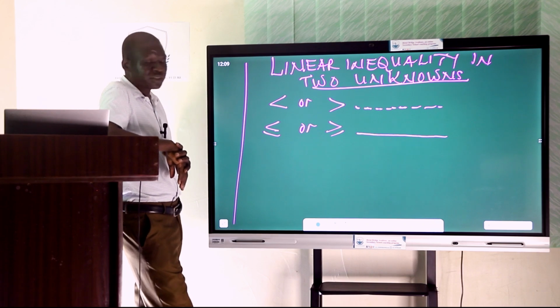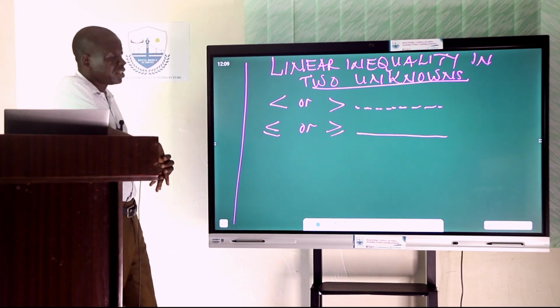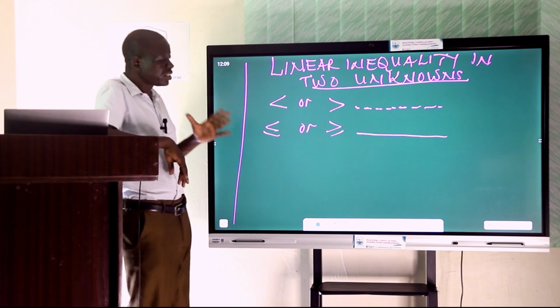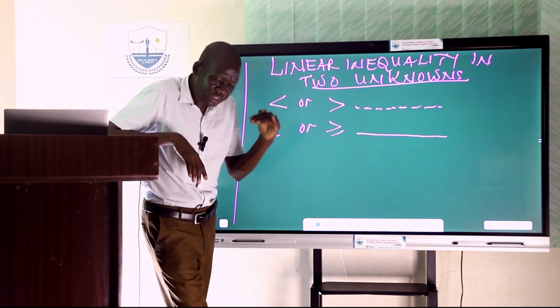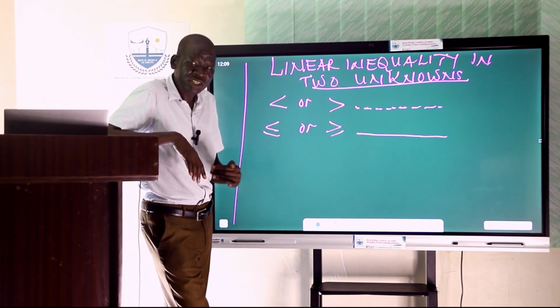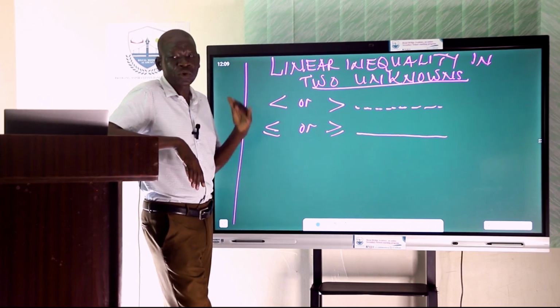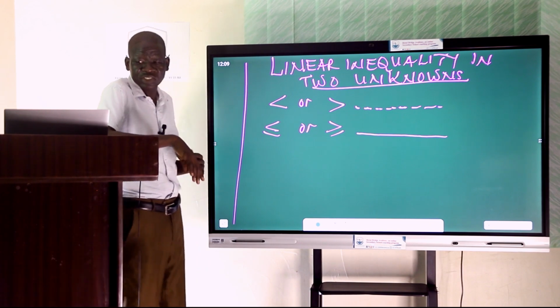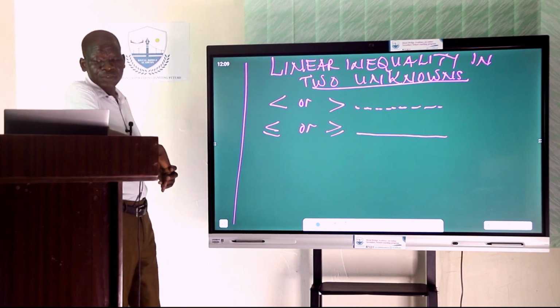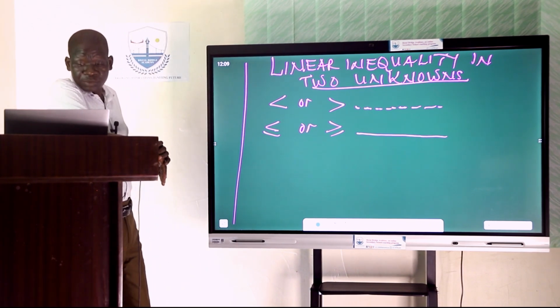You write the inequality in the form of an equation by replacing the inequality symbol with the equal sign. That's the first step.